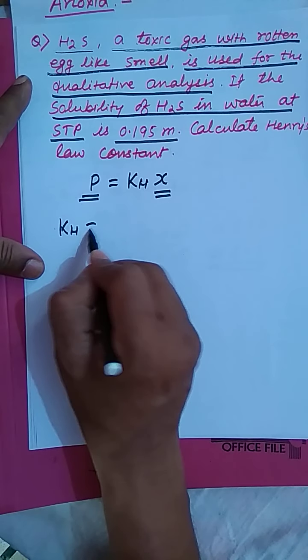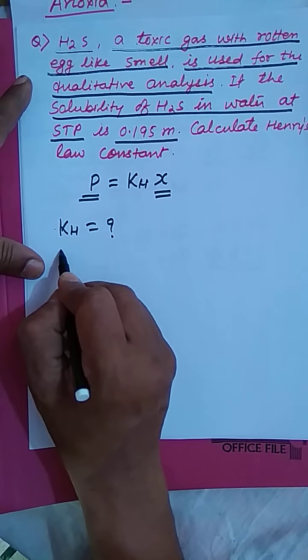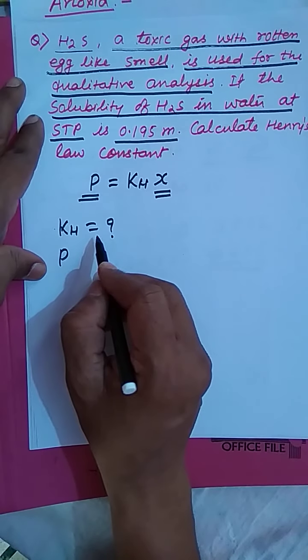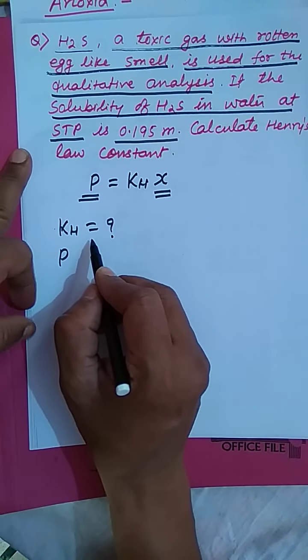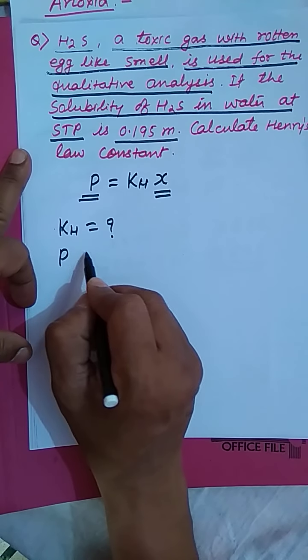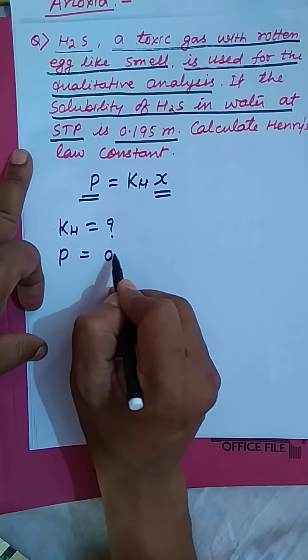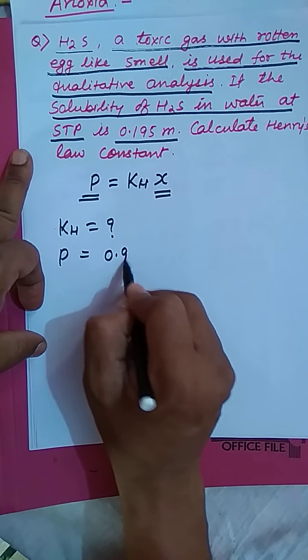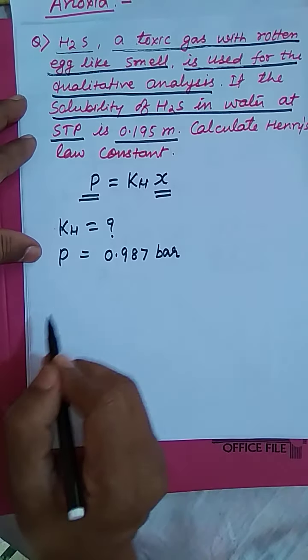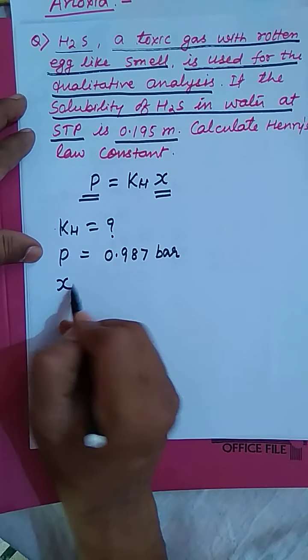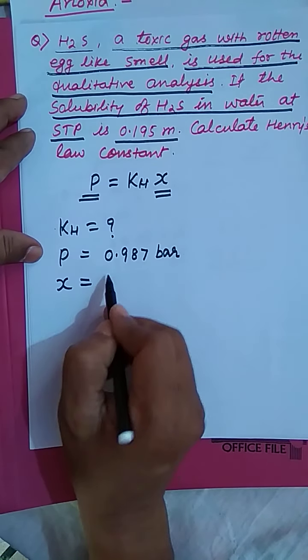Pressure is given. This is atmospheric pressure at STP, and at STP you can write 0.987 bar. Okay, so first of all you calculate X.